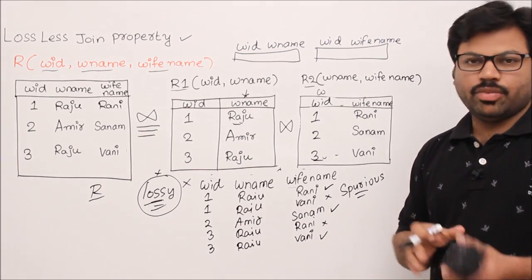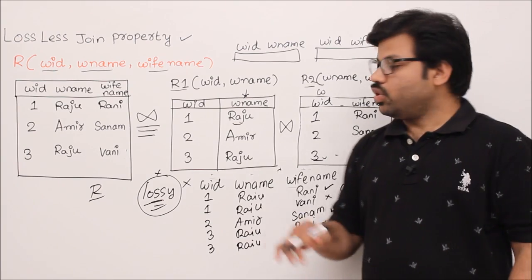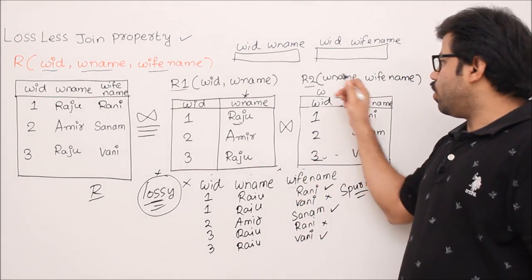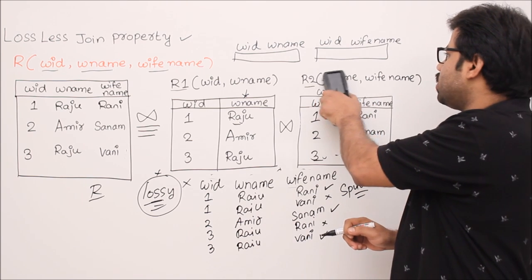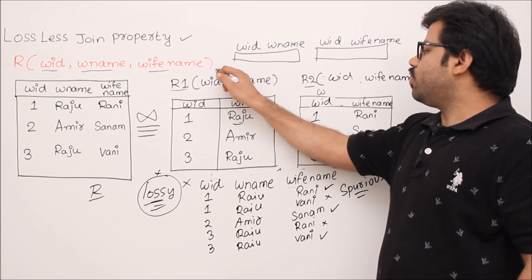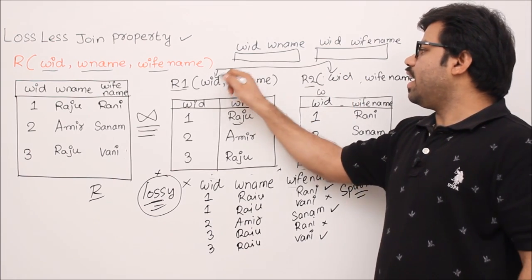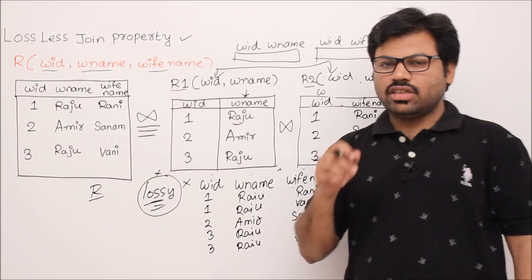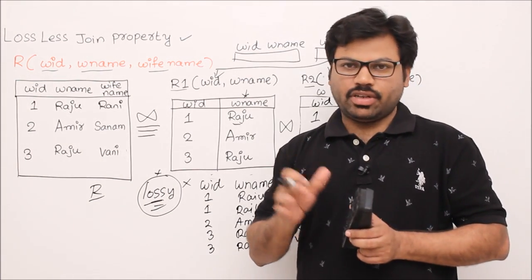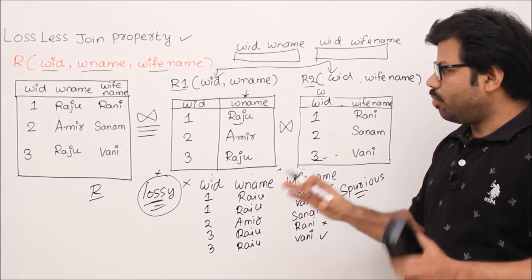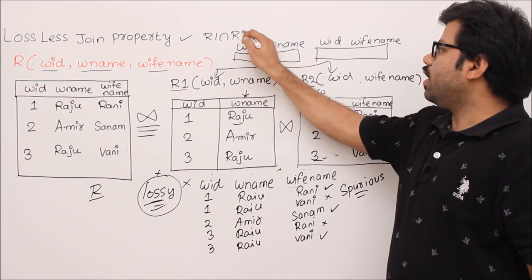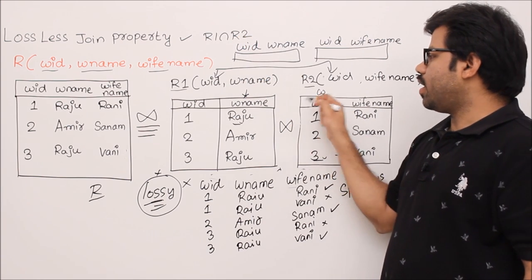From now onwards, you remember one important point. Whenever you divide the tables into two parts, the common attribute which you are using, here for example it is watchman ID, if that common attribute is a key attribute, otherwise super key, of at least one table, you never get a problem. Remember that fact. So from now onwards, I use this formula. I apply R1 intersection R2, which is nothing but common attributes.